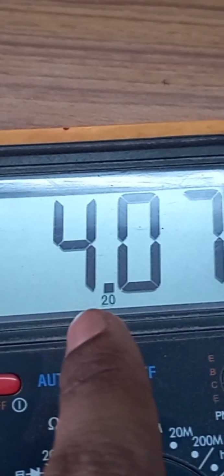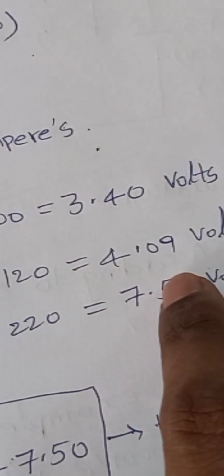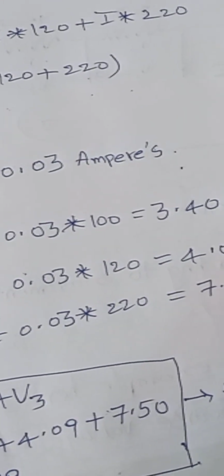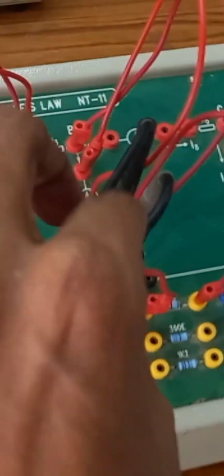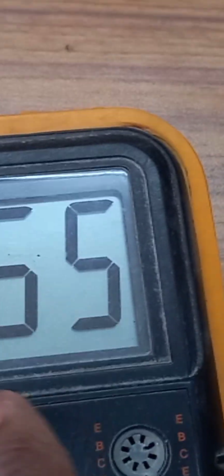Then I am going to take the reading across R2. Across R2 the voltage is 4.08. Theoretically we got 4.09. Then I take the reading across R3, and that one is 7.65.